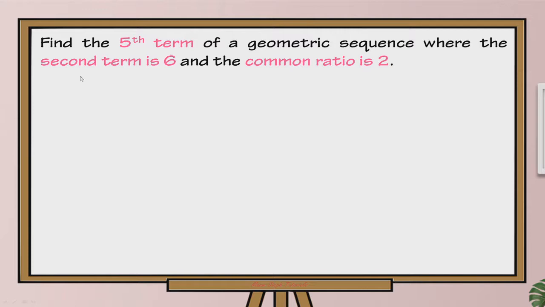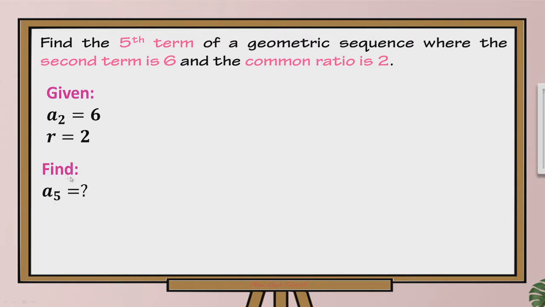To answer this problem, let us first analyze it, and we begin with the given. The given or hints in this problem are a sub 2 is equal to 6 and r is equal to 2, because second term means a sub 2 and common ratio means the value of r.